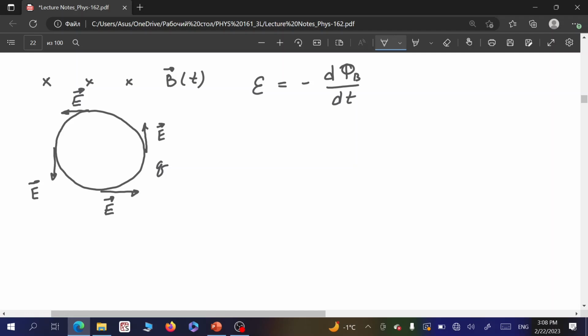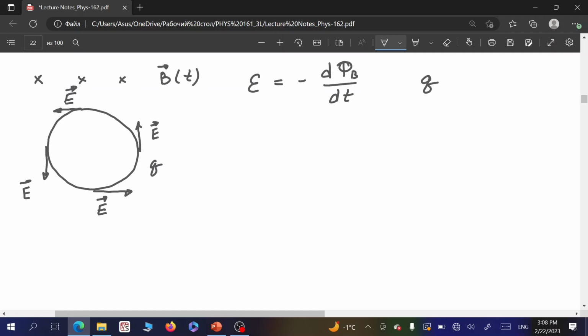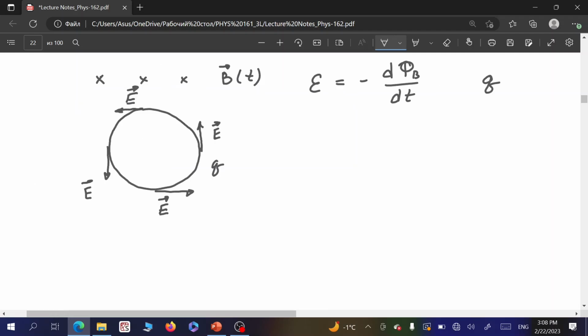So if within this loop we have electromotive force epsilon, then the work done by moving test charge Q within this loop, 360 degrees, will be equal to Q times what?